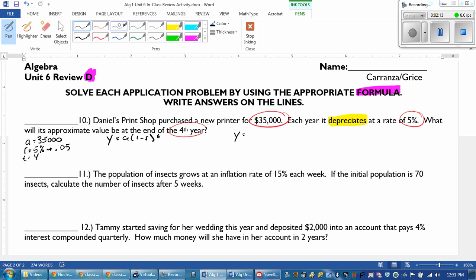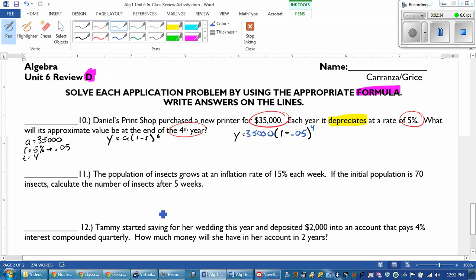So here we are. We're going to plug everything in. We have 35,000. And then we have 1 minus 0.05, all to the t, which is 4.